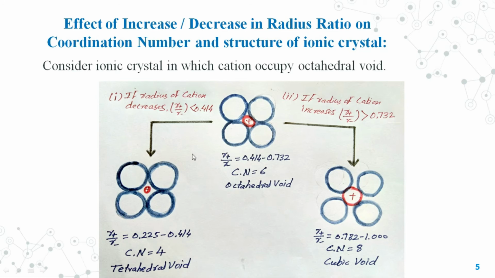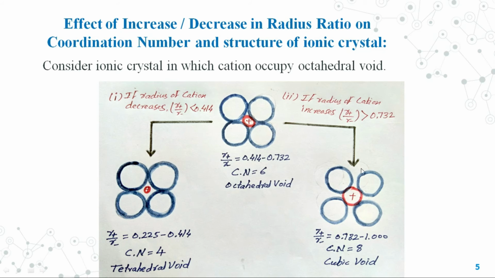in that case this cation will prefer to occupy a tetrahedral void whose radius ratio lies between 0.225 to 0.414. Second possibility, if the size of a cation is large, as a result this ratio, that is radius of cation to anion, is greater than 0.732. In this case the anions cannot touch one another, so we cannot expect a perfect solid, because we know that in a solid all particles are rigidly held together, but in this case more gap will be forming between the anions, so we cannot expect a perfect structure.